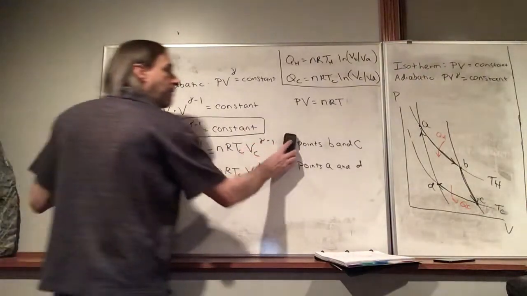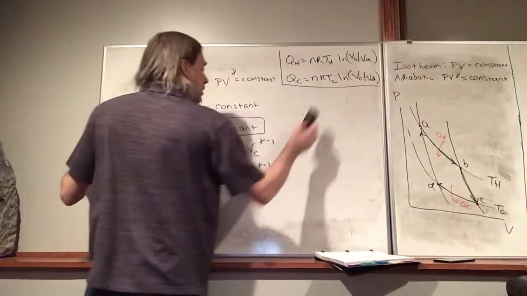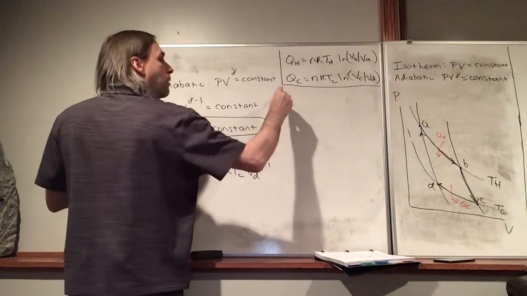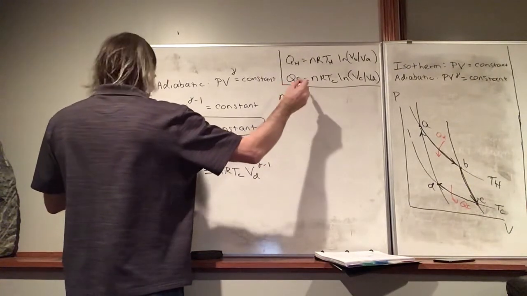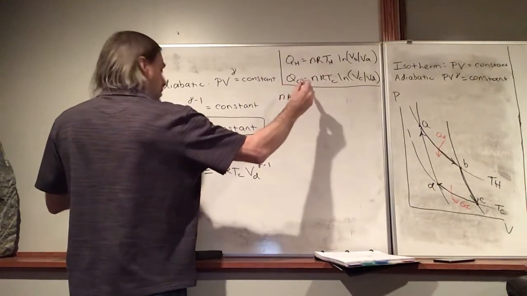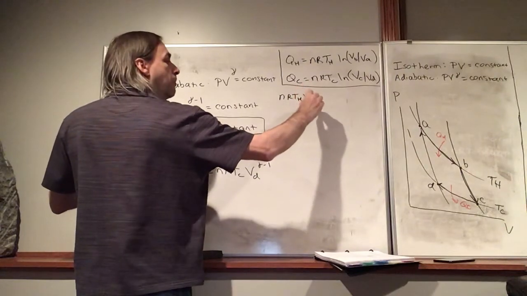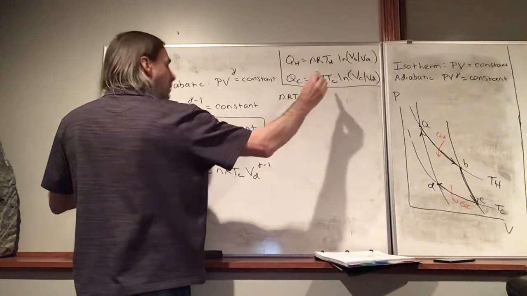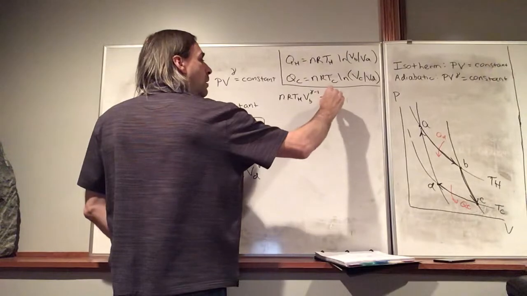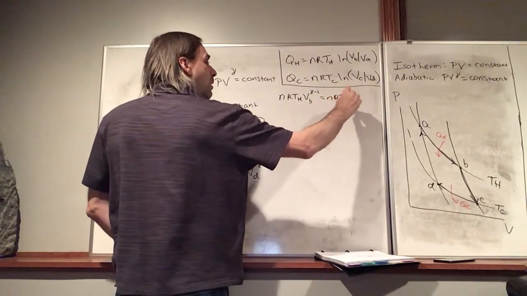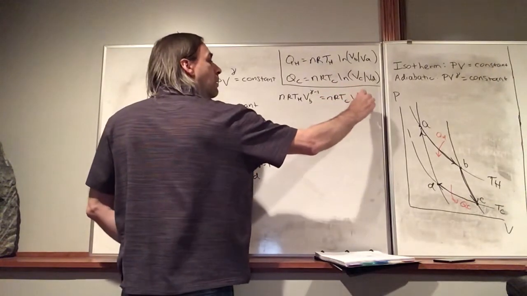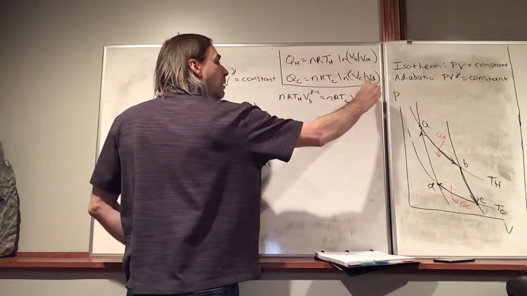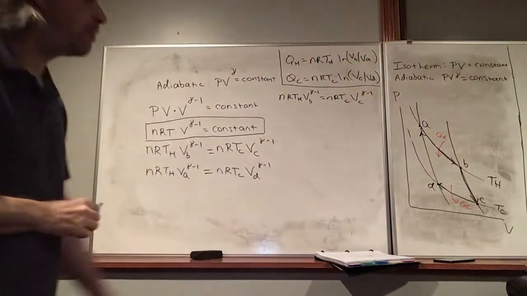So I'm going to erase everything we don't need. I'll just write this stuff over here. So nR TH VB to the gamma minus 1, nR TC VC to the gamma minus 1.